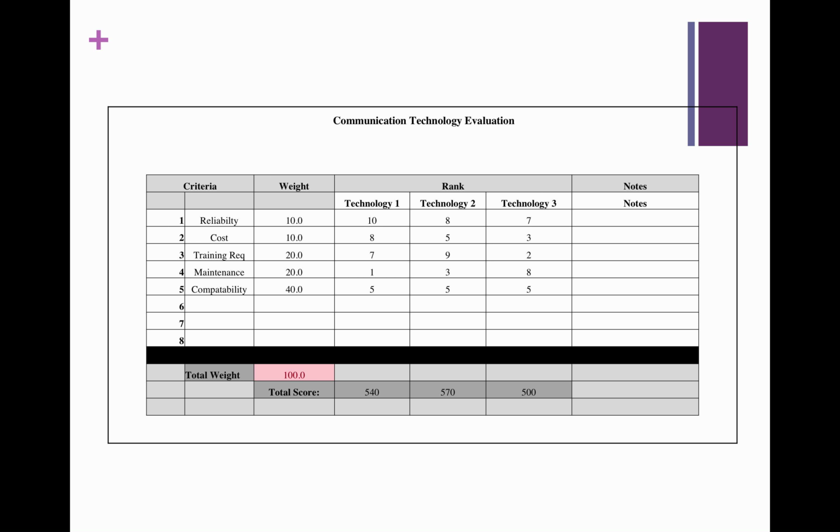So if you go into your boss's office with a spreadsheet like this and say, hey, we surveyed 25 people in the field, we looked at 3 different technologies, we were very careful in determining our criteria and our weights, and Technology 2 was ranked the highest, and my personal feeling is that I concur with that, so I wholeheartedly rank Technology 2, that is a much better argument to make. That'll build confidence, and the boss is more likely to say yes to it.